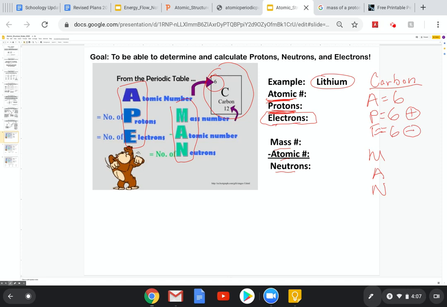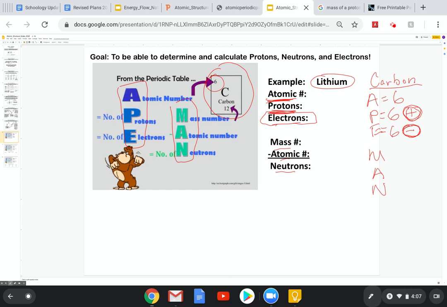We need to have the same number, because if we had more protons, we'd be more positively charged. If we had more electrons, we'd be more negatively charged. So keep that in mind. We are always going to deal with neutral atoms in this class.